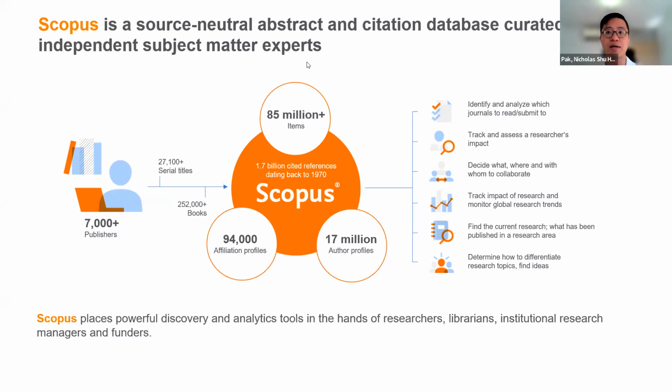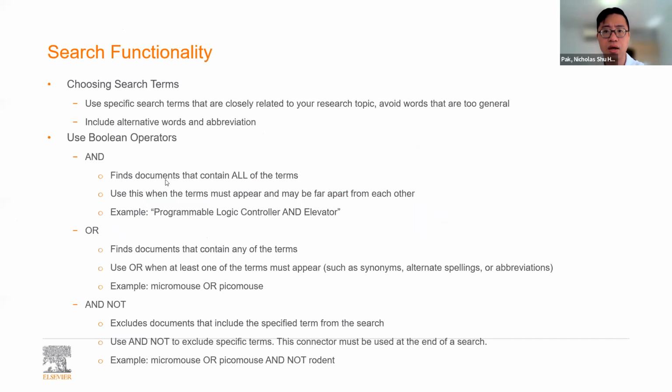How you're able to track global impact of research. How you're able to monitor global research trends. How you're able to find current research and to determine how to differentiate between research topics and to find ideas. So once again, I would say this is a part of Scopus, which is really interesting.